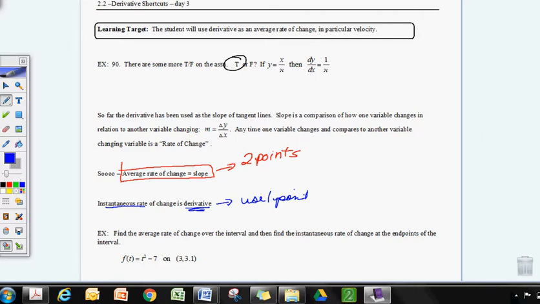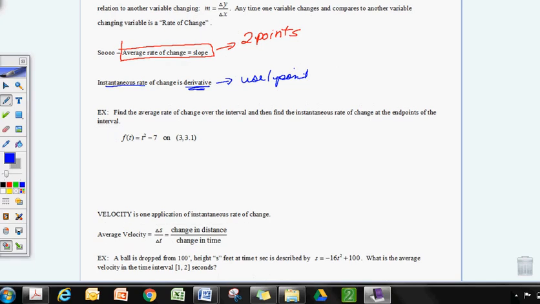So now the notation can get a little tricky on this stuff. So for the first one, and notice I've kind of color-coded my notes, it asks you to find the average rate of change over the interval. So the first thing that you need to understand is this is the x value of 3, and it's the x value of 3.1. Okay, now in order to think about that, my y value at 3 is going to be 3 squared minus 7, or 2.